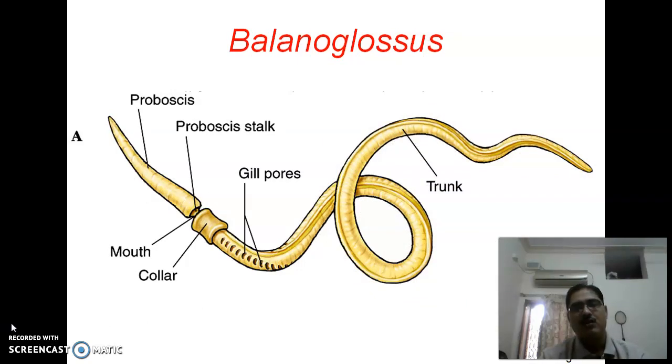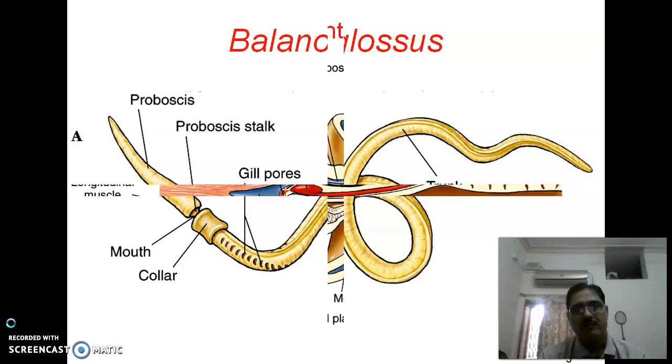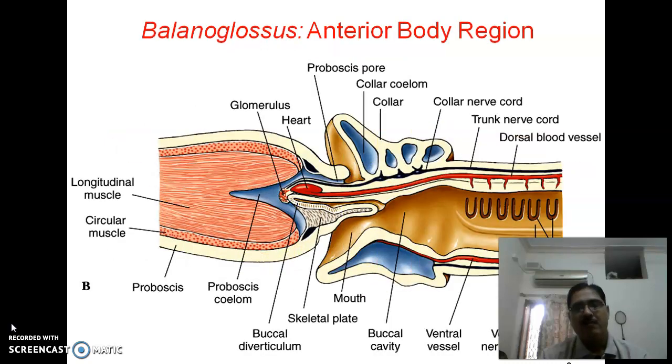Balanoglossus, which is a tubicolous animal, is generally present in the intertidal zone. If we look at its anterior body portion, we can easily locate the presence of various body parts, which include the buccal diverticulum.